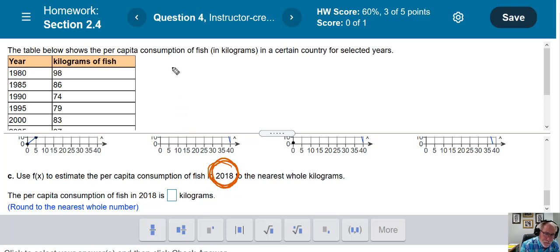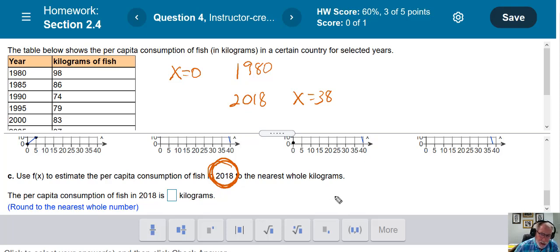Now remember, in the beginning, x equals 0 meant 1980. So 2018 would be 38 years after 1980. So 2018 must be x equals 38. So I need to take the equation from part A and substitute a 38 in place of the x.